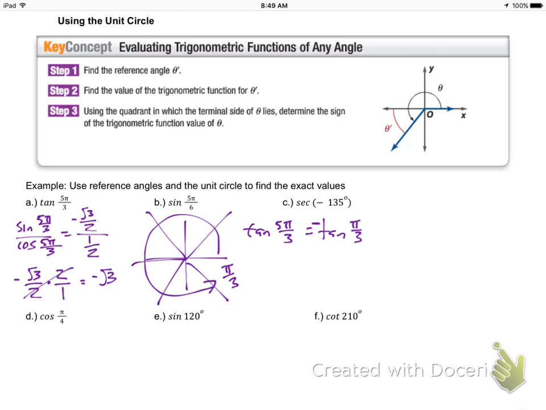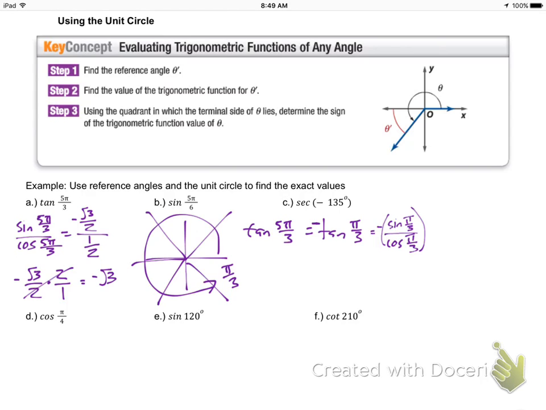And now, wait a minute, using the same exact thinking I did last time, this is negative of sine pi over 3 over cosine pi over 3. Only one negative on the outside.